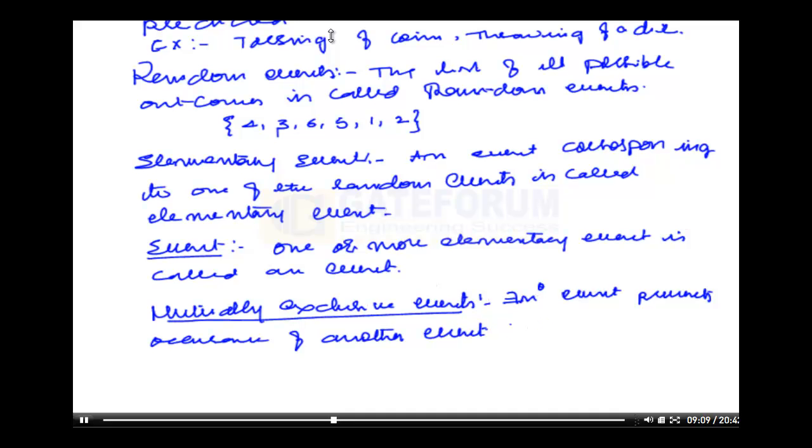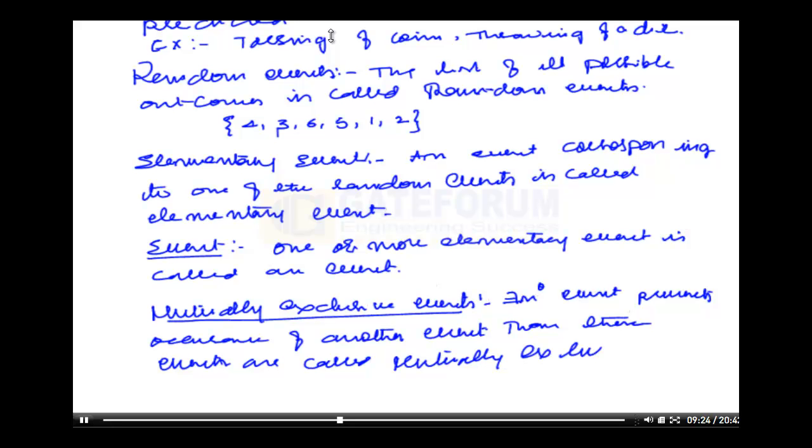Then these events are called mutually exclusive events. That means both the events do not occur simultaneously.